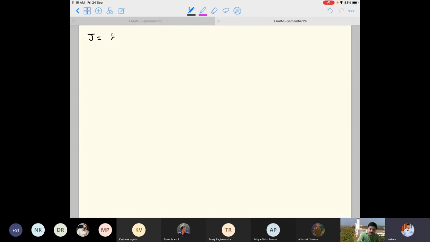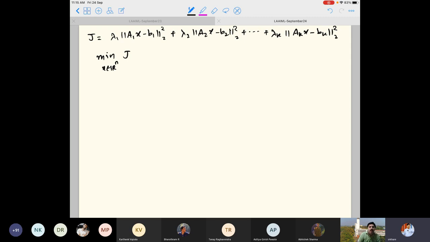So J is basically lambda 1 times (A1 x minus b1) whole square plus lambda 2 times (A2 x minus b2) whole square, and so on and so forth, lambda k times (Ak x minus bk) whole square, right? So that is what I have as my J cost function. And what I want to do is minimize this J with respect to x in Rn. That is what I want to do.